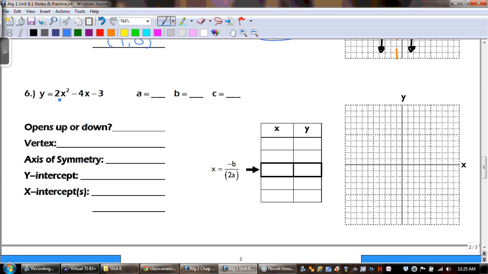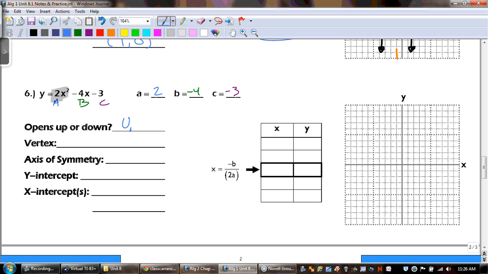The first thing we need to know, A, B, and C. Okay, so our A is 2, our B is -4, and the C is -3. Okay, so first off, does it open up or down?